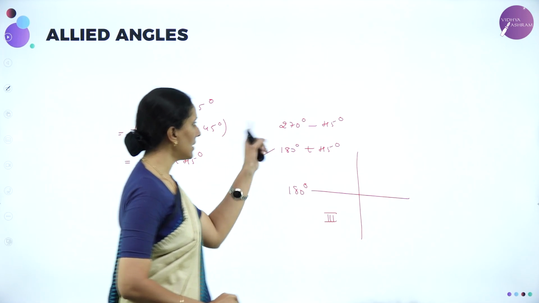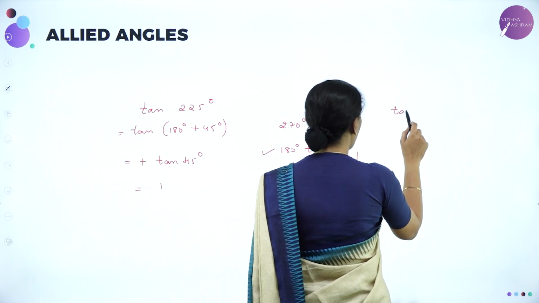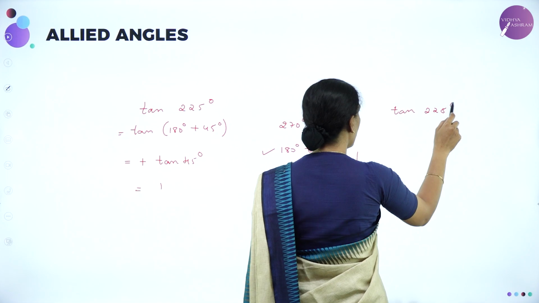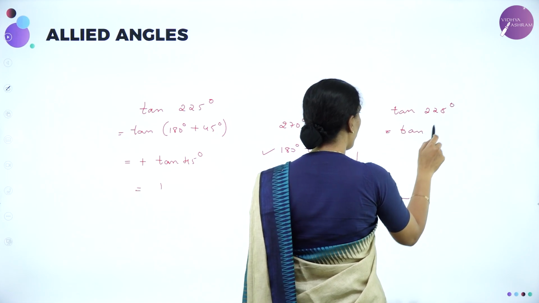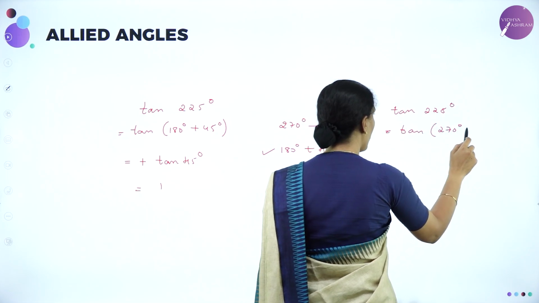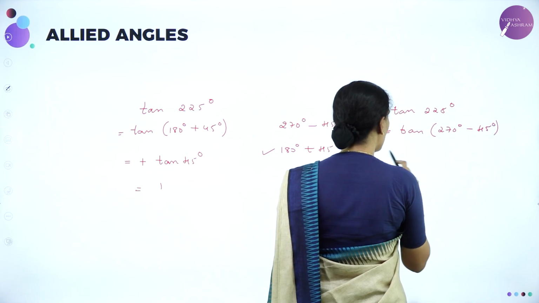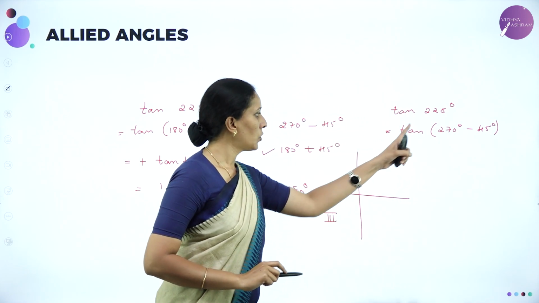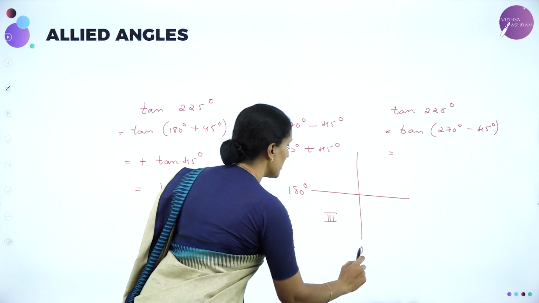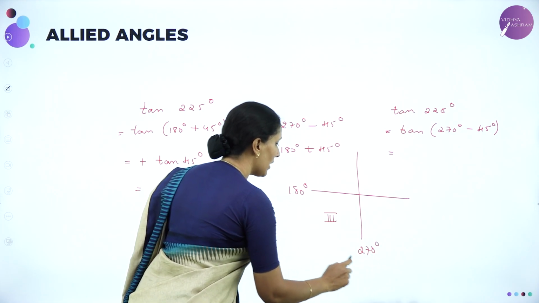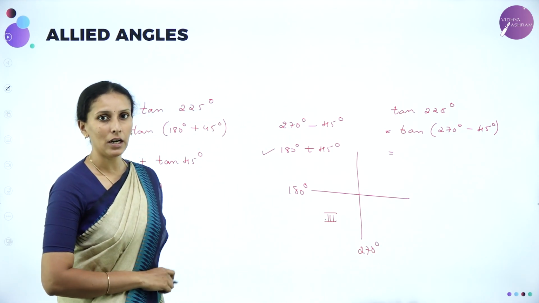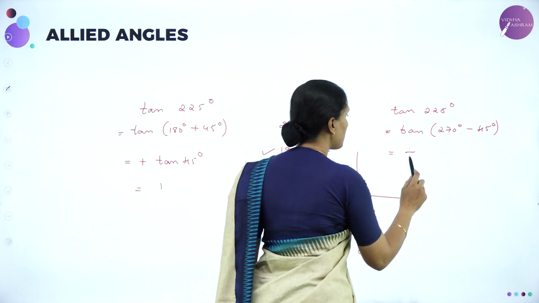Now let me take the same value. Tan 225 can also be solved in terms of 270 minus 45. Now remember the rule. Tan(270 - 45): 270 minus 45 means it comes in the third quadrant only, so here it is positive.